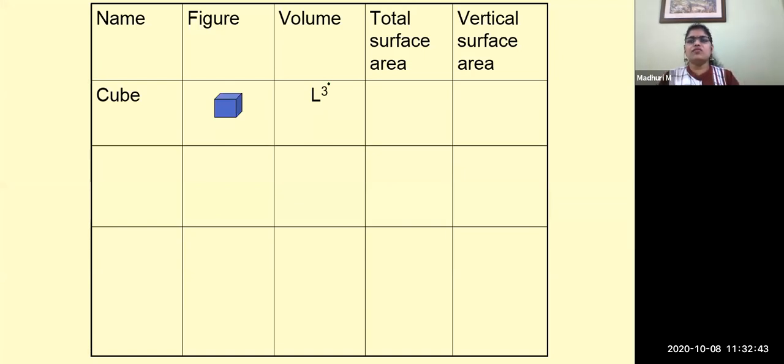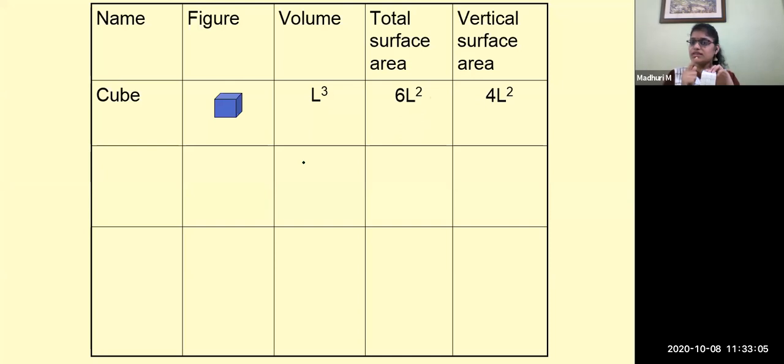The volume of the cube is L cube. Then the total surface area is 6L squared, and the curved surface area is 4L squared, because when we look at the curved surface area, how many faces are there? 1, 2, 3, 4. So that gave us the number 4.